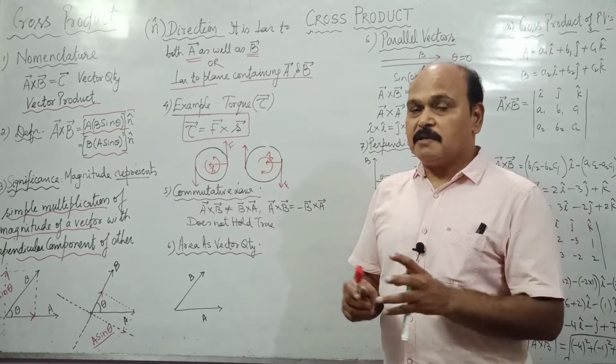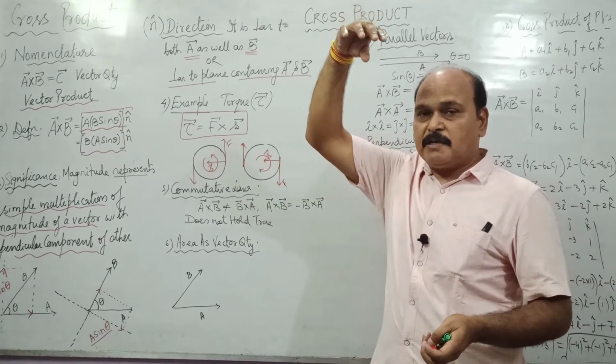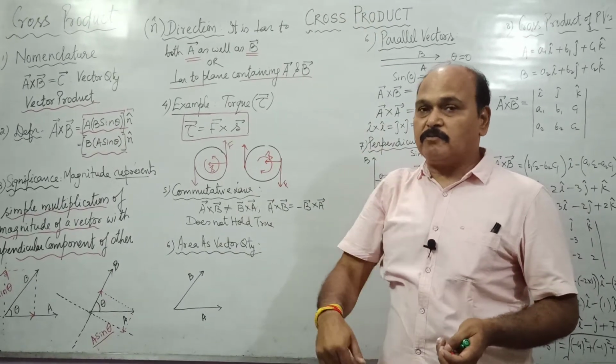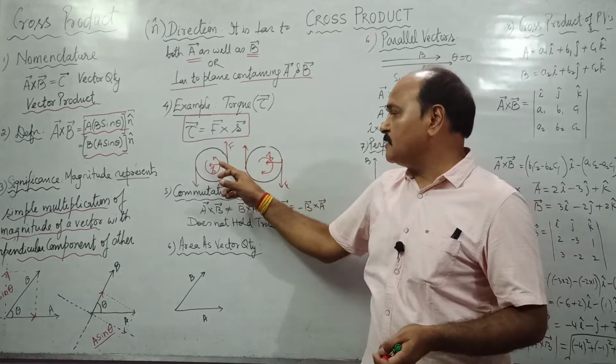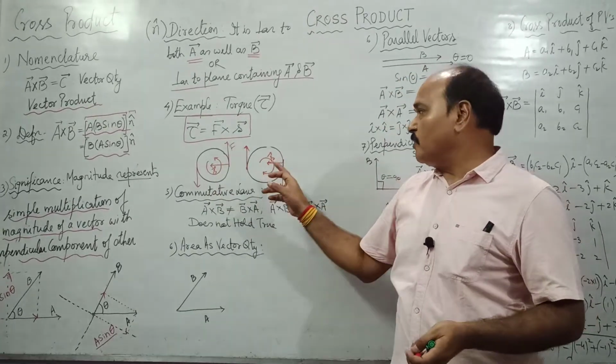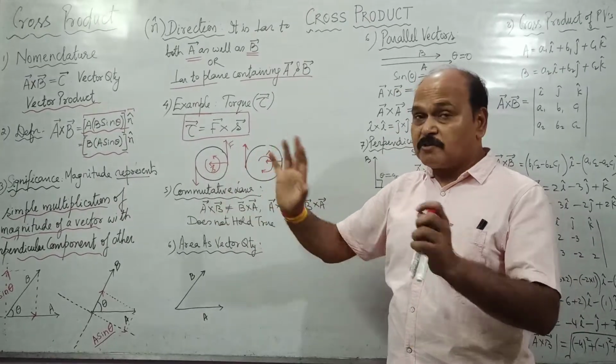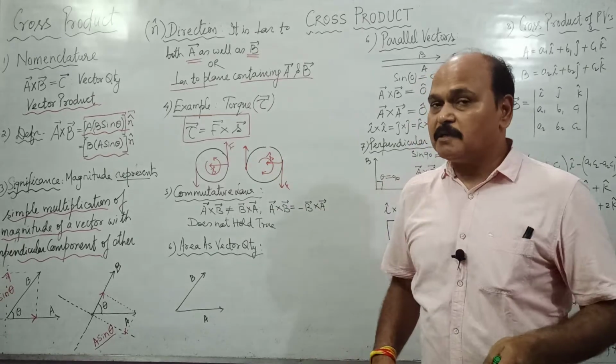Why? It is simply because for F cross S, the screw moves along the axis up, and for S cross F, the screw moves down. So for F cross S, the screw is going to move outward, and for S cross F, the screw moves inward.